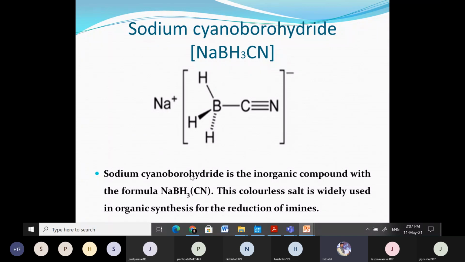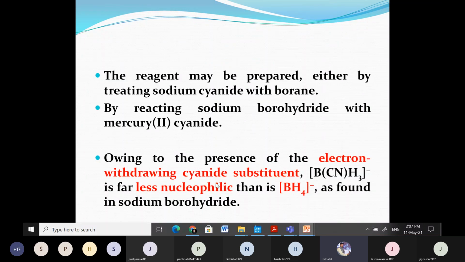Now we are going to discuss how it is useful for reduction, how it works, and why it is different from BH4 and why its reactivity is weak, or it is a weaker reducing agent compared to BH4, sodium borohydride. Here, the cyano group has a tendency to pull electrons.